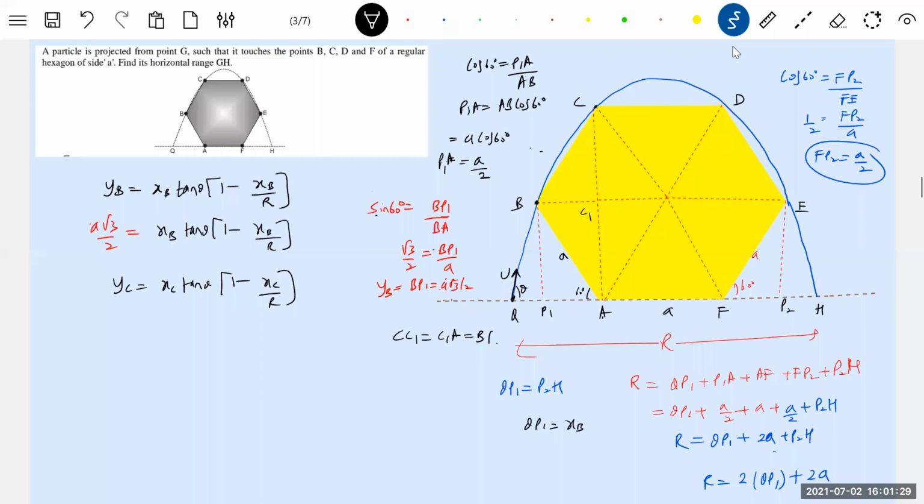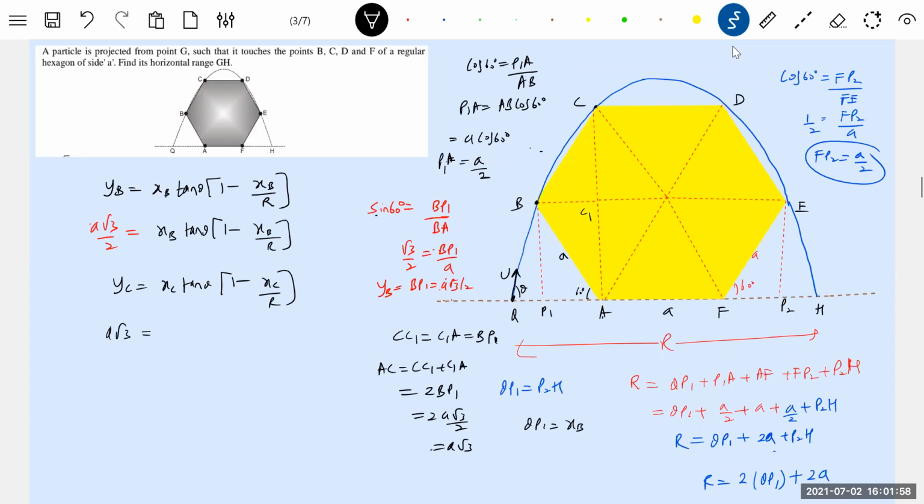Hope everyone knows basic geometry of most of the things. So this will become YC is equal to how much, A root 3. I'll write one step. Therefore, A is equal to CC1 plus C1A. This is equal to 2BP1. So 2A root 3 by 2, A root 3.